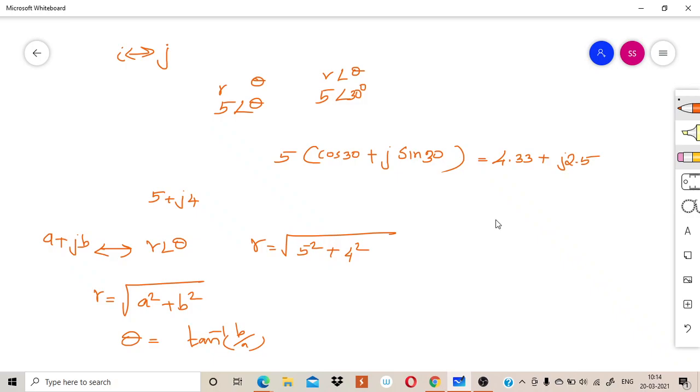So r is this according to the formula, and theta will be tan inverse 4 by 5. So in polar form it will be 6.4 at an angle 38.66 degree.